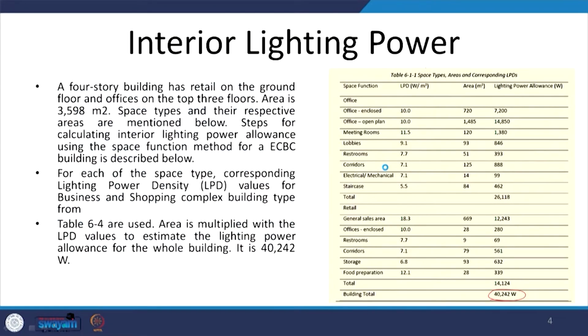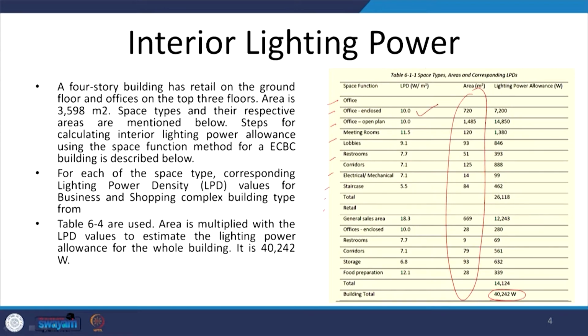When we do that, suppose for a particular building these are the different types of areas, and the total area for each of these spaces is known.